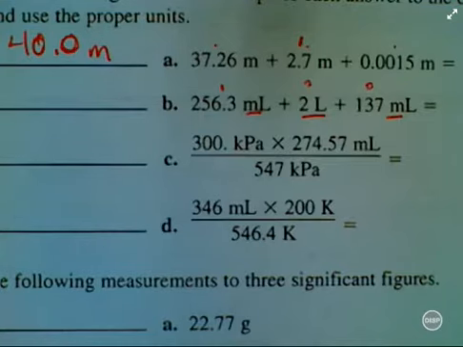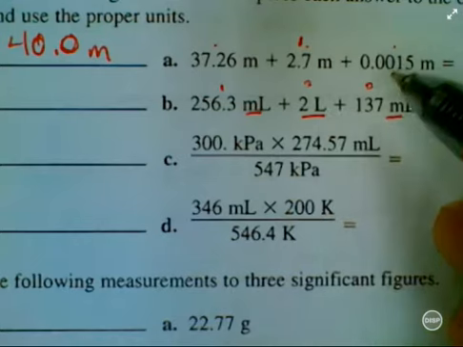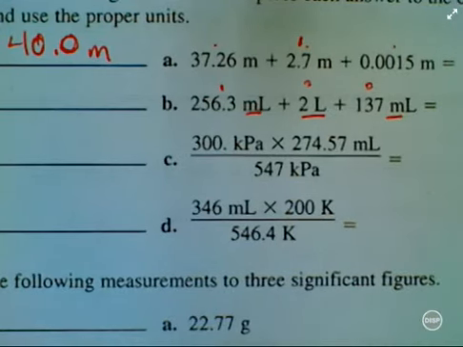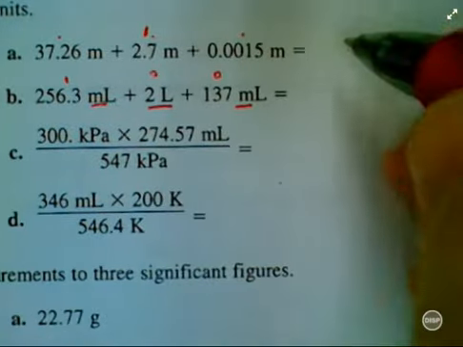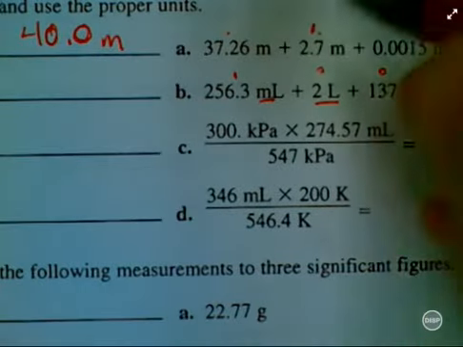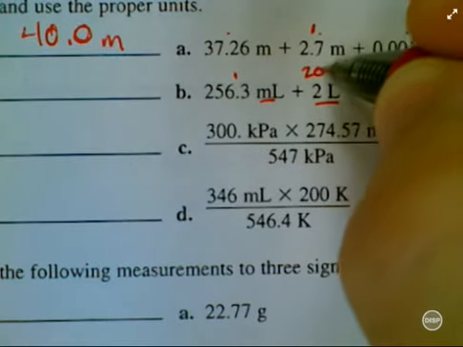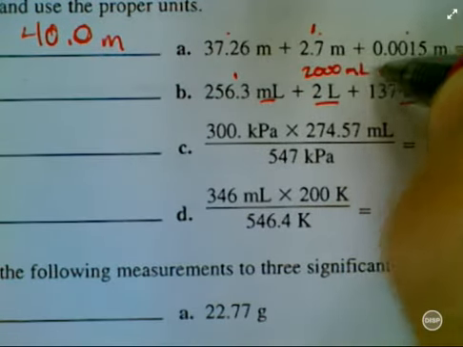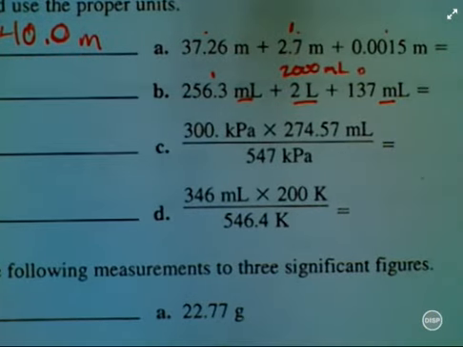But I will have to do some conversions. You can either convert the milliliters all into liters, or you can convert this 1 liter into milliliters. And I'll do that just to save myself a little bit of grief. So this will actually be 2,000 milliliters.